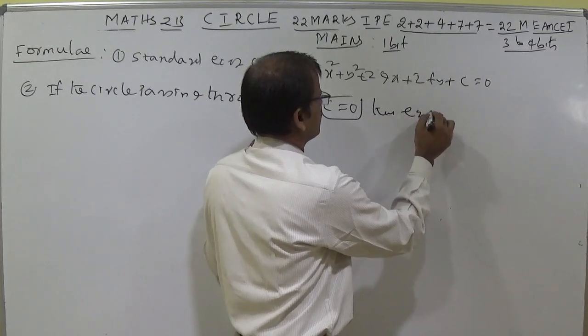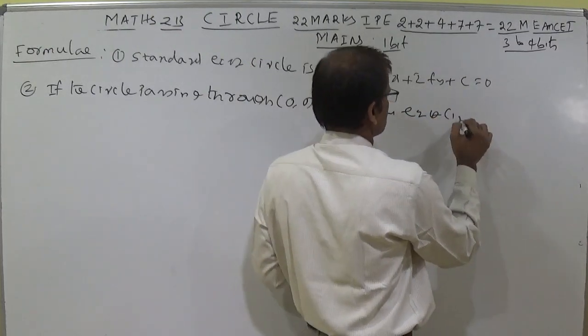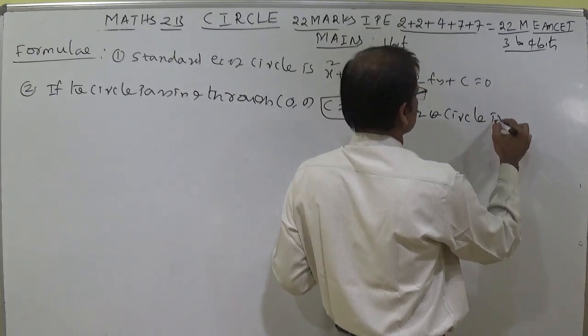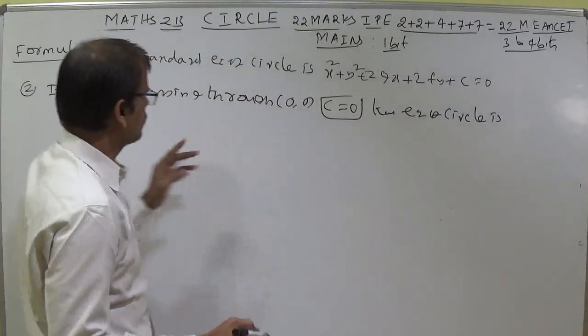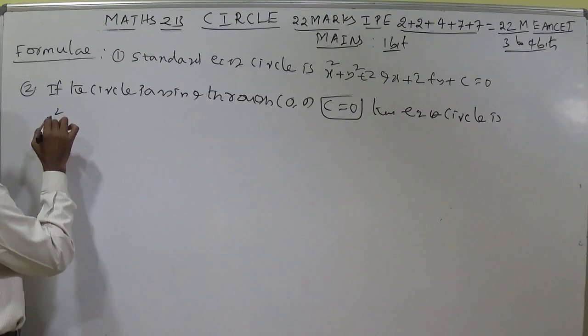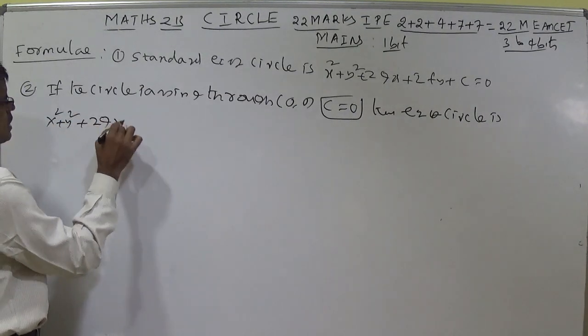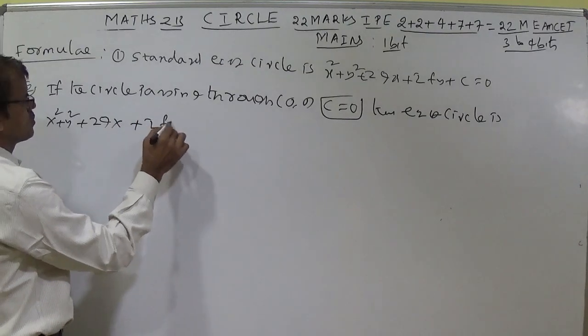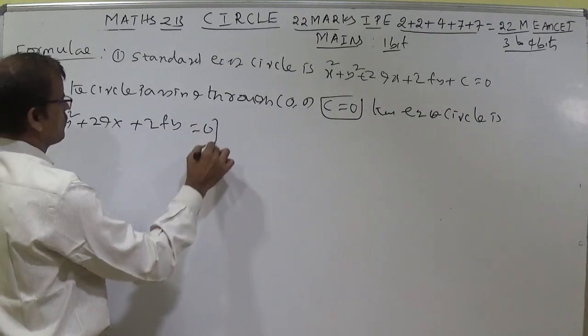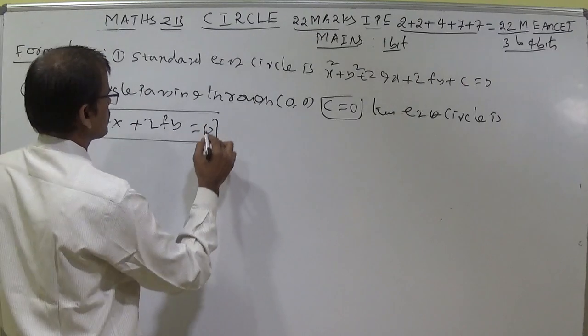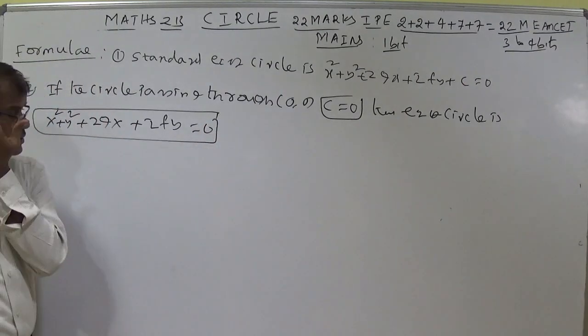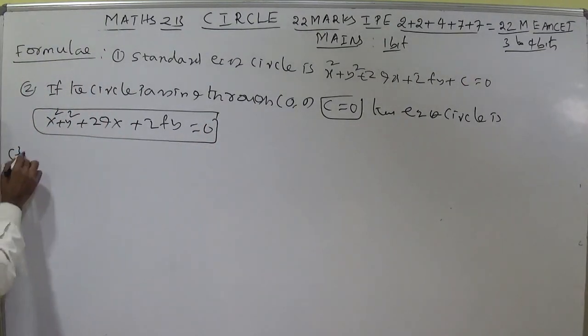Then the equation of a circle passing through (0, 0) will have no c. Hereafter, I will write directly the equation as x square plus y square plus 2gx plus 2fy equal to 0, that's all.